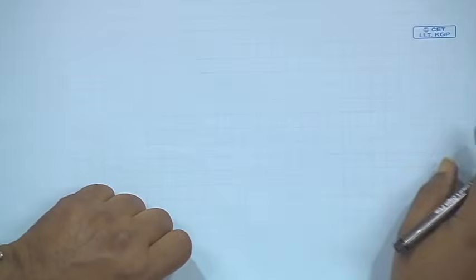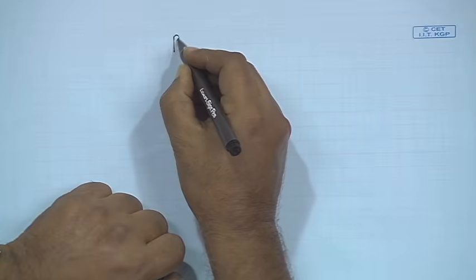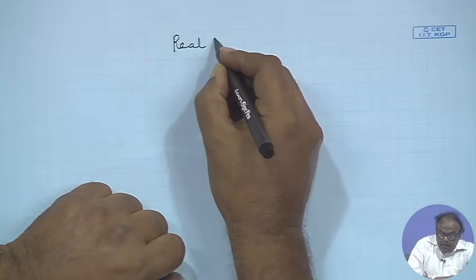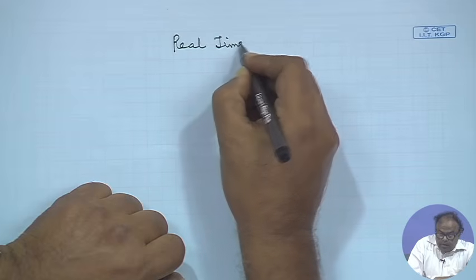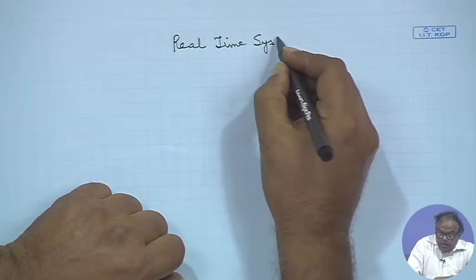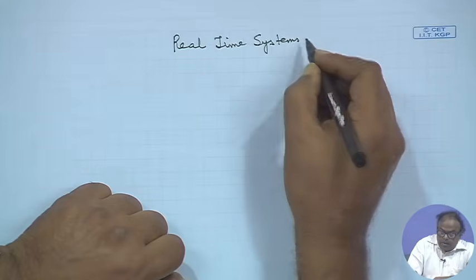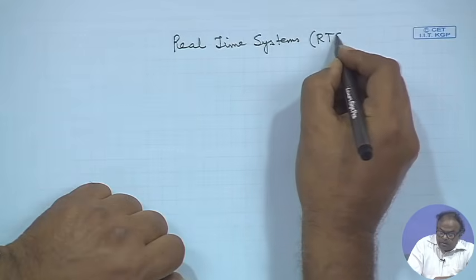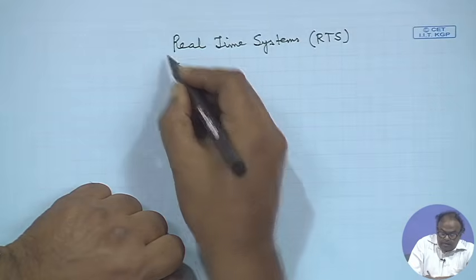I will differentiate between another thing, since right now I have said real time systems, let me also differentiate between RTS and embedded systems.